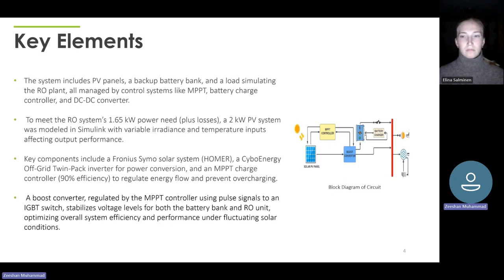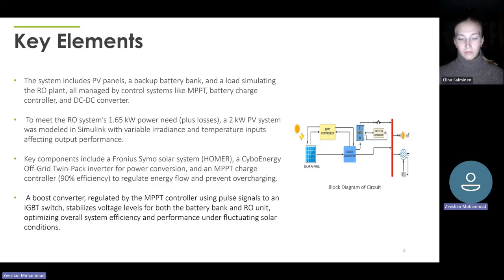These are some key elements involved in designing our reverse osmosis system. We start with the PV solar panels that are going to be used for extracting power from sunlight.